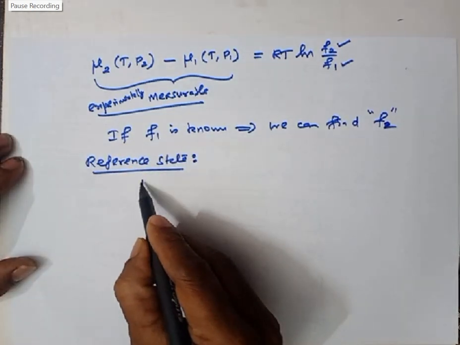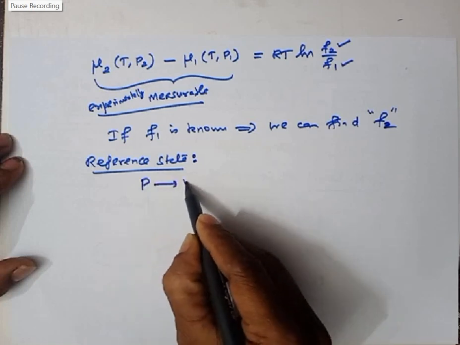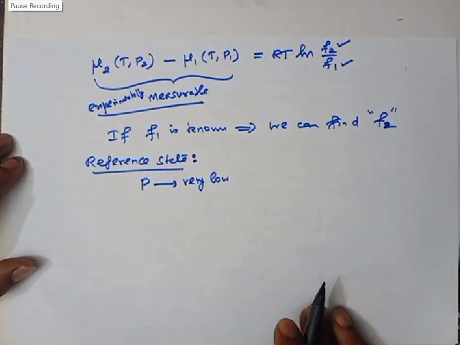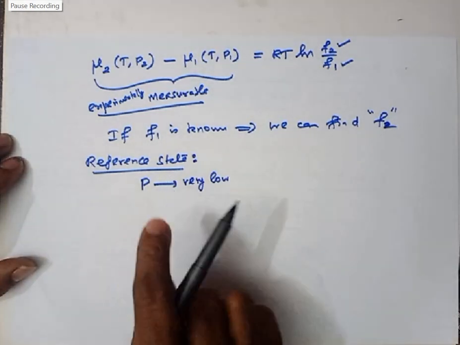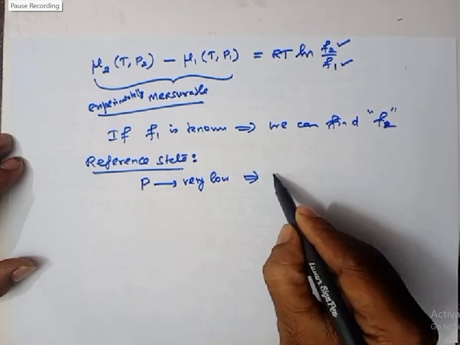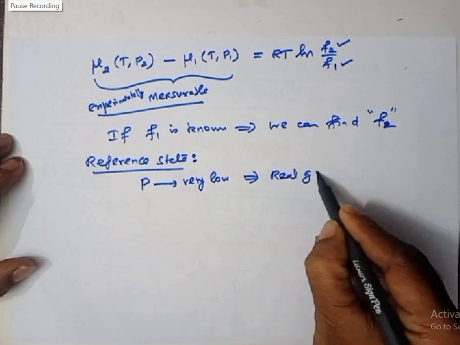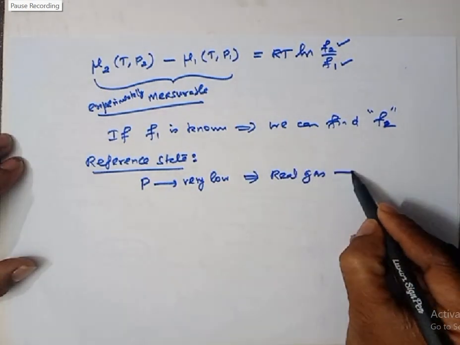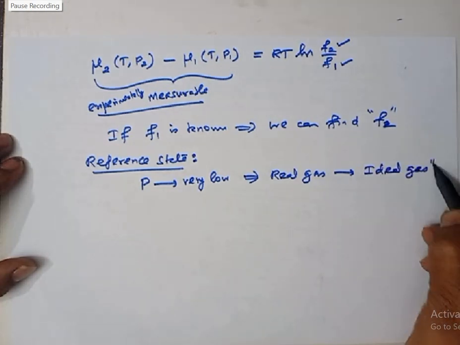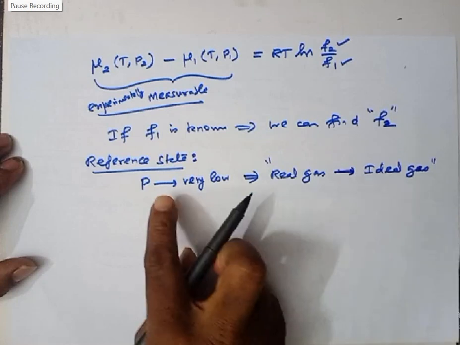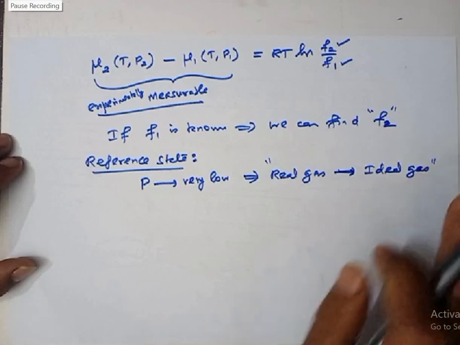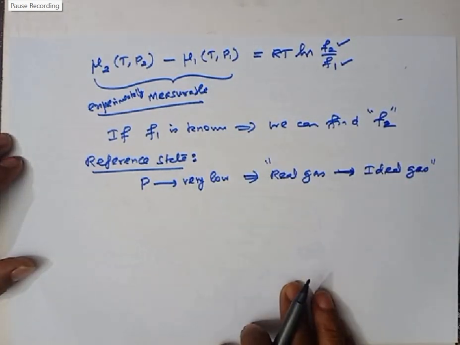When pressure approaches a very low value, you know very well, this is a basic concept, the real gas starts to behave like ideal gas. Observe this carefully. At low pressure, real gas starts to behave like ideal gas.